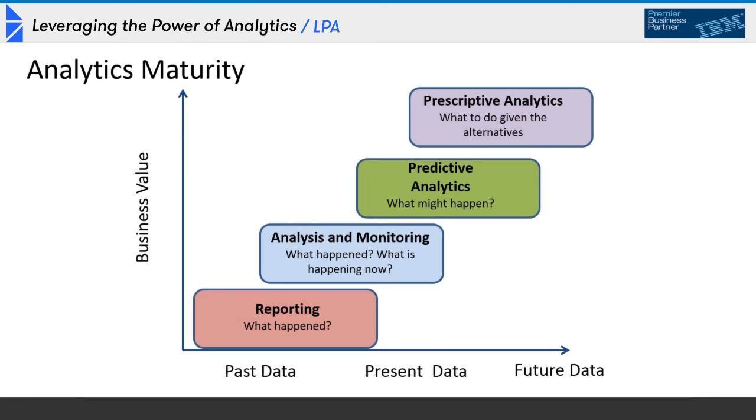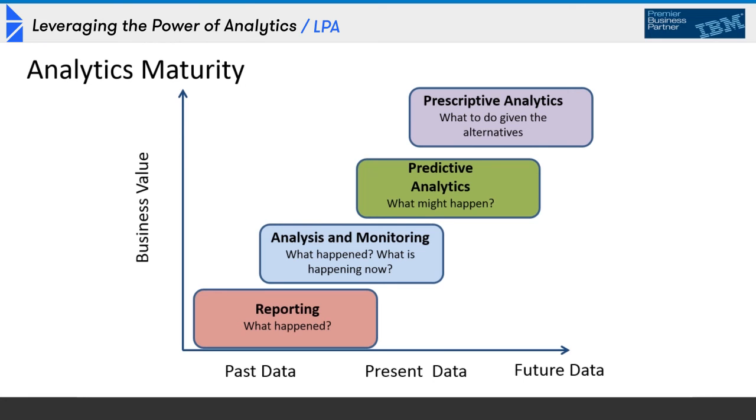Starting at the bottom left, reporting is all about what happened in the past, a true rear view analysis of your data. An example of that could be an analysis of your sales data for 2014. How did your sales reps perform by quarter in different geographic regions for different products? All using past data.